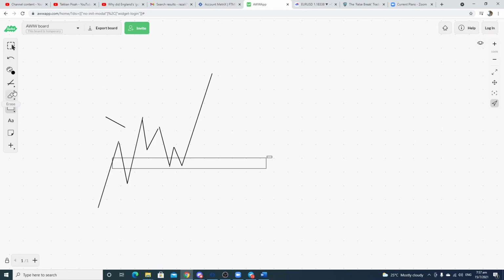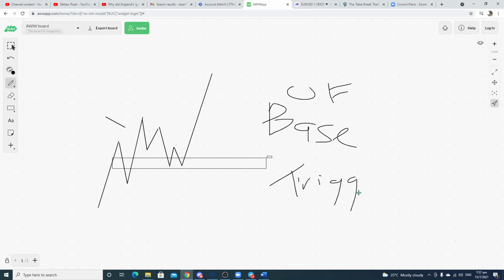The main important thing in this case, you need to identify the base. You need to know what the order flow is. You need to know what kind of triggers you are waiting for. You need to look at the proper time frame. You need to look at the behaviors of the candle. You have to look at momentum.